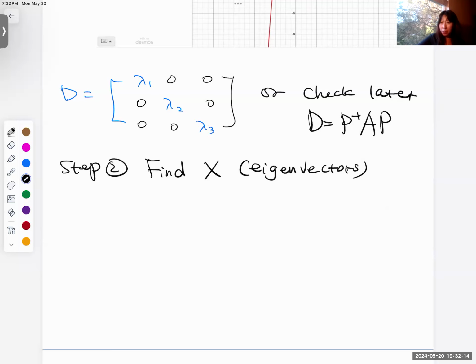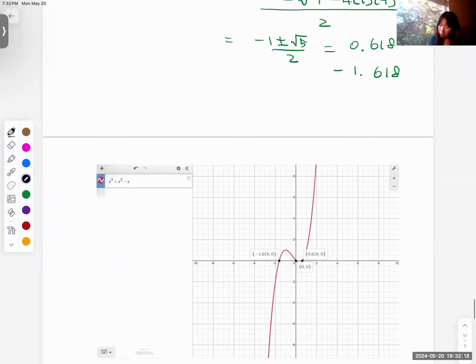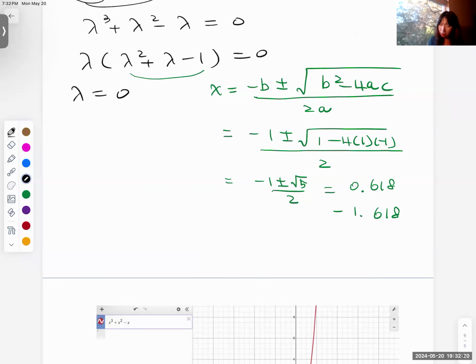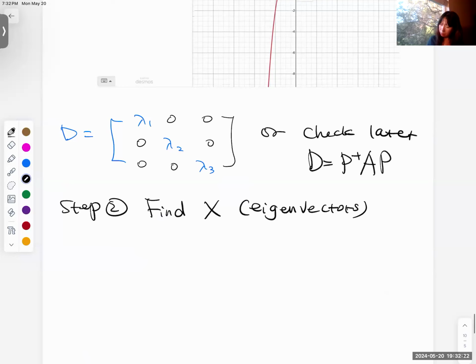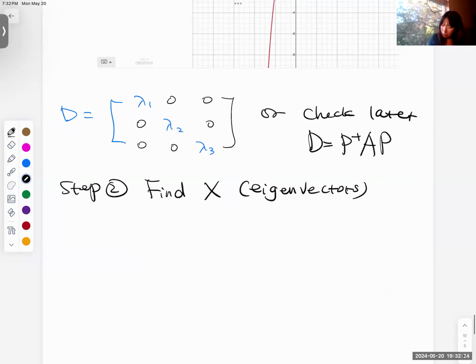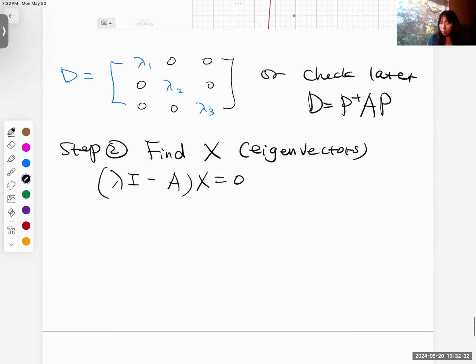X cannot be equal to 0, right? Okay, so for lambda equal to 0, so lambda I minus A times x equal to 0, right? Okay, for lambda equal to 0, so we have 0.